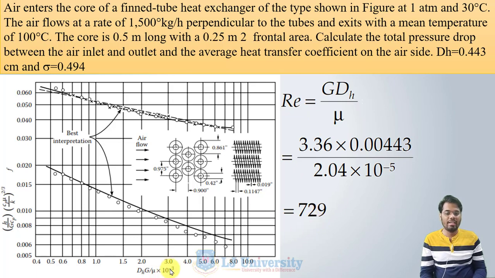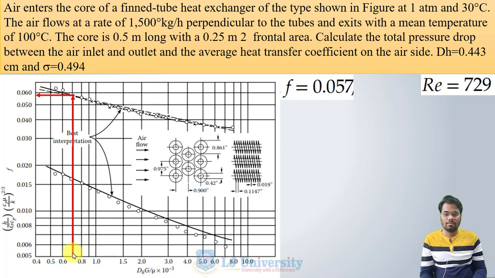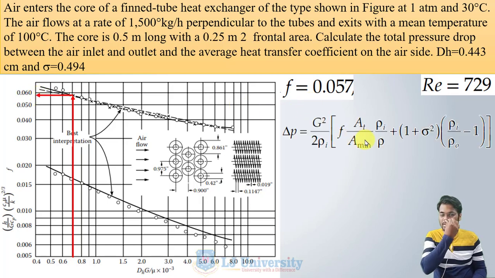So for 729 into 10 to the minus 3, for 0.7, we can easily find out the value of this relation. When it intersects these two lines, first for the friction, we can find out the friction value, 0.057. So for 0.057, now we can use this equation to find out the pressure drop.